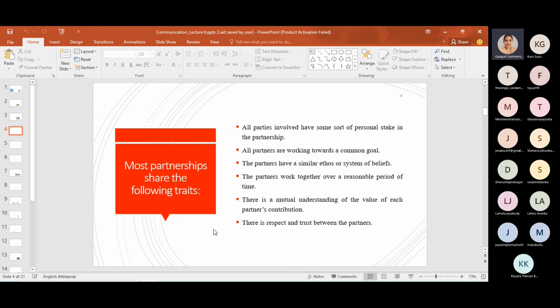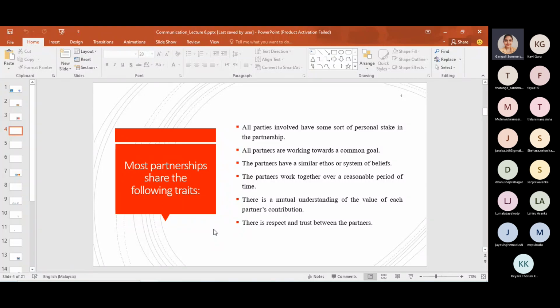If they do not get any benefits in return, they will not get into partnerships with other organizations. So all the organizations who are in the partnership gain some sort of personal benefit through this partnership.